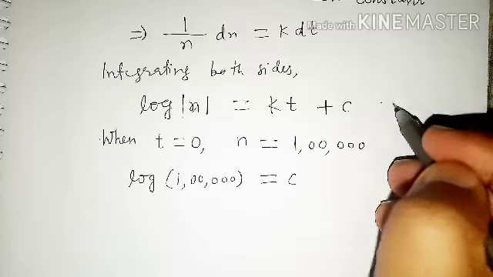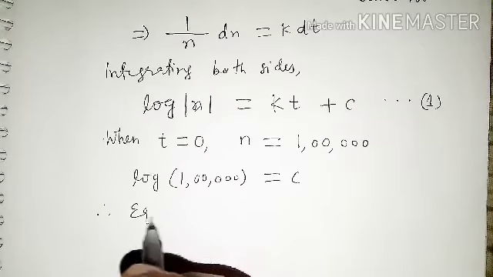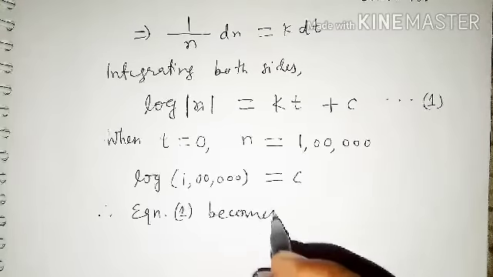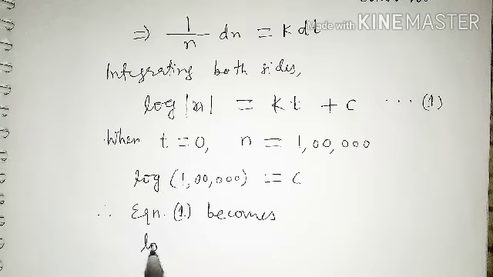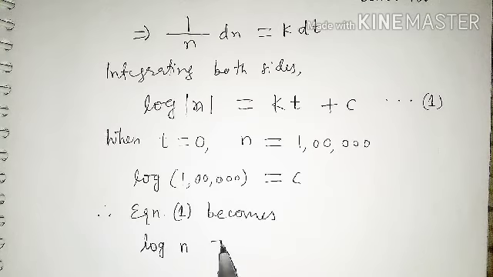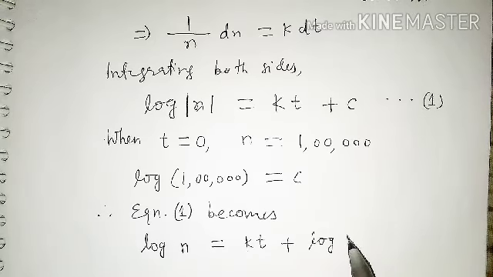So equation 1 becomes log n, n is always non-negative so we take n without mod, is equal to kt plus log 1 lakh.